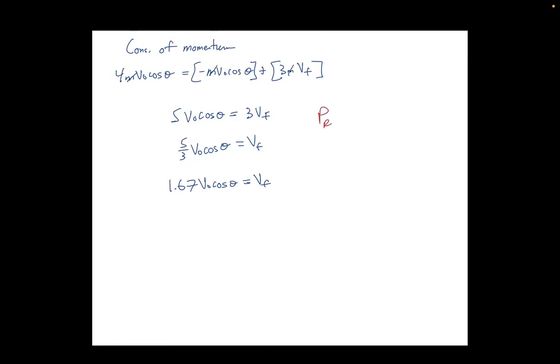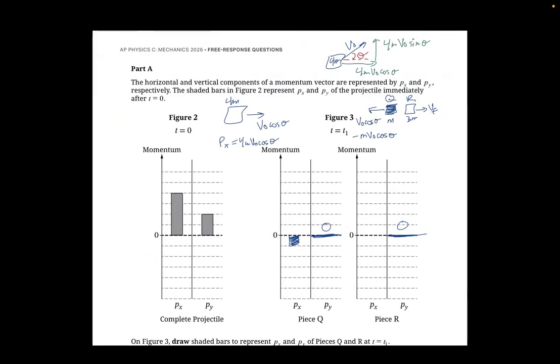So the momentum of piece r should be 3m times 5/3 v naught cosine theta. That cancels, and we should get positive 5m v naught cosine theta, which is 5 times as large as the momentum of piece q, but positive. So we'll go back and shade that in.